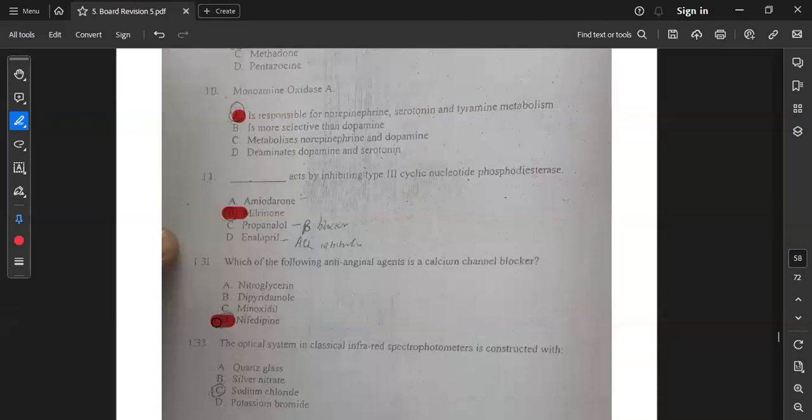Okay, Dr. Hiral is telling us that the answer is sodium chloride. We covered the different methods of analysis.